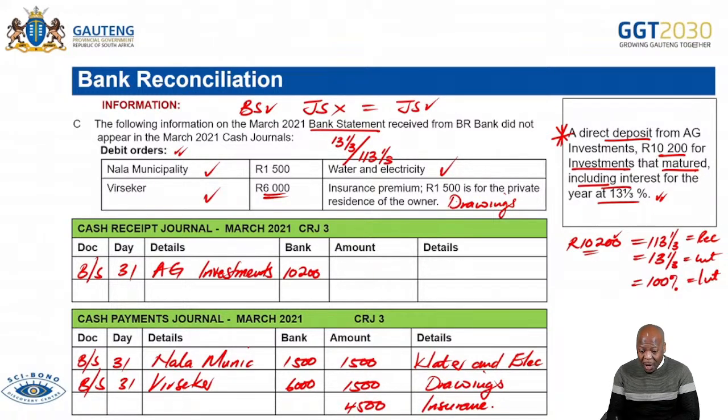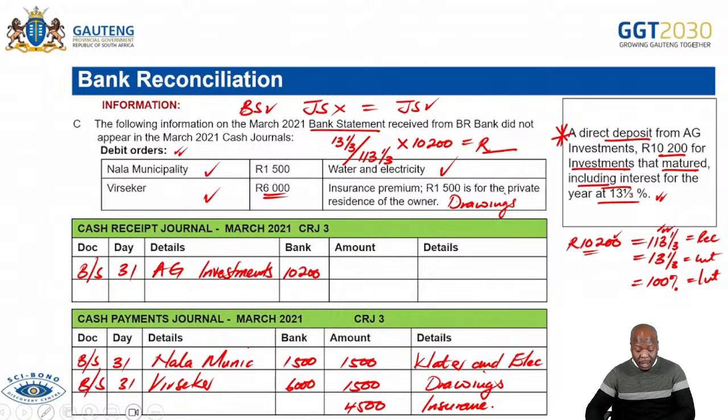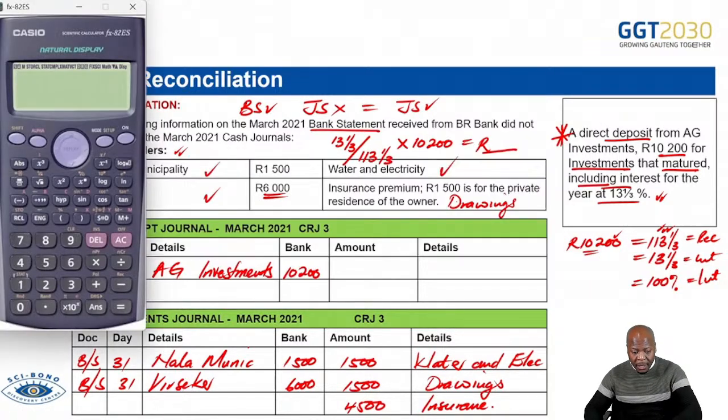So it's what I want over what I have, times the 10,200. That should give me the interest in rands. So I want the 13 and a third, but what I have is 113 and a third. Multiply that by 10,200. Make sure you have a calculator close. Let's punch that in together and see how we can get the figure.